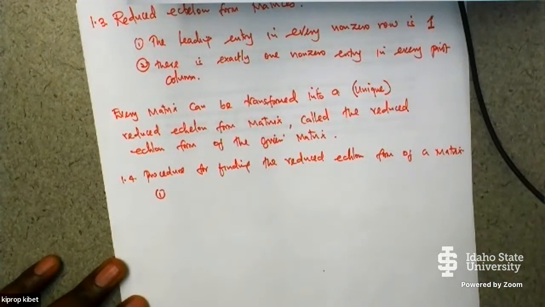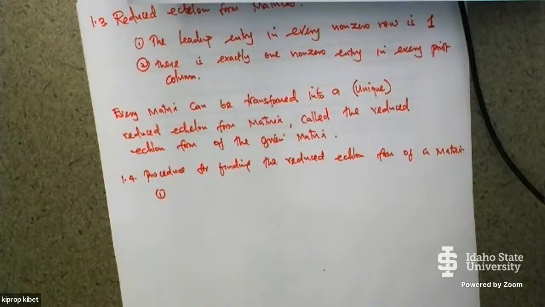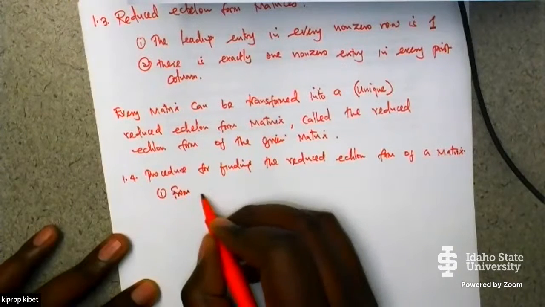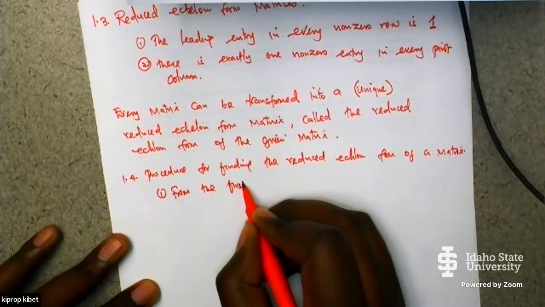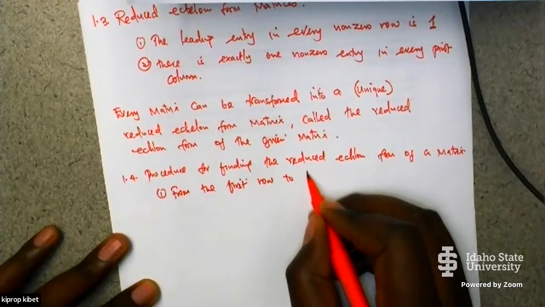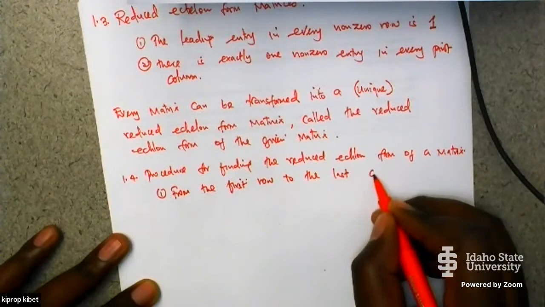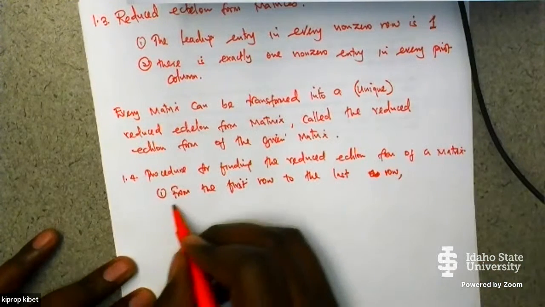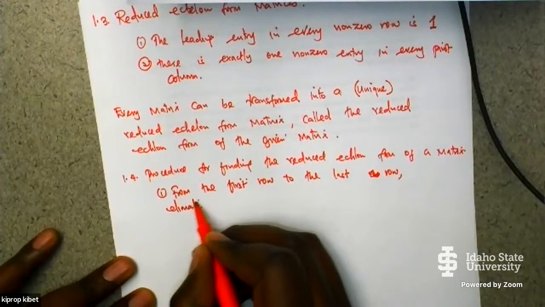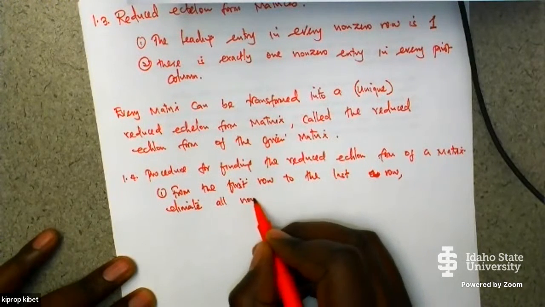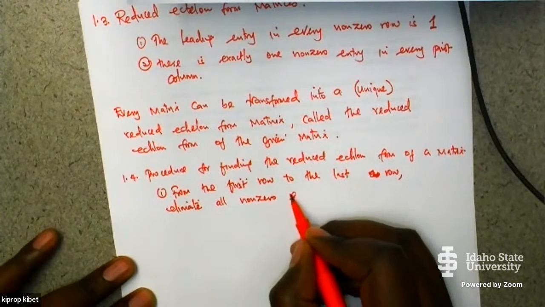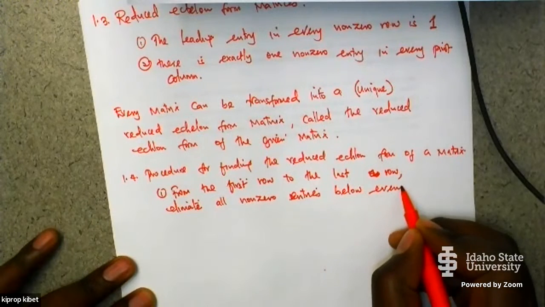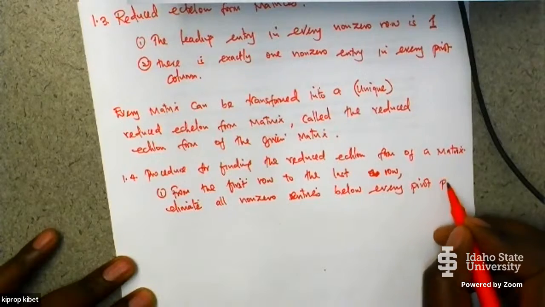Number one, from the first row to the last row, you need to eliminate all non-zero entries below every pivot position.